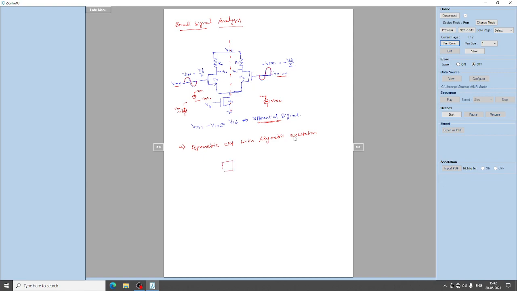So rearranging the same circuit like this as two different linear amplifiers which are connected like this, with reference to some, right, and here you are giving the input VID by 2 and here also you are giving the input minus VID by 2, right, and these two are basically the amplifiers, okay.